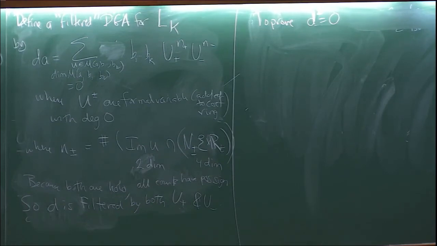And because this is a co-oriented distribution, these arrows are a globally defined thing. So N really is a disjoint union.